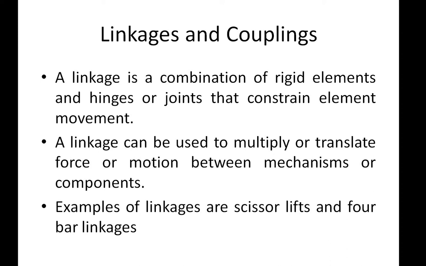You may have heard about the 4-bar link mechanism, and another very popular mechanism is called the pantograph. This way the linkage can be used to multiply or translate force or motion between mechanisms or components. So this is how the linkage works.